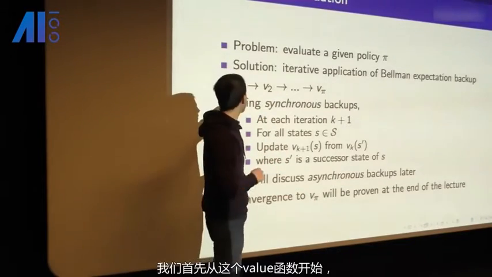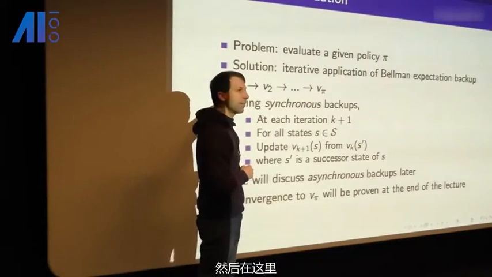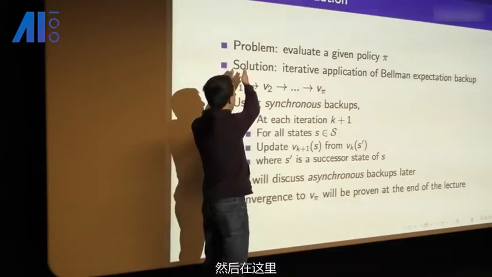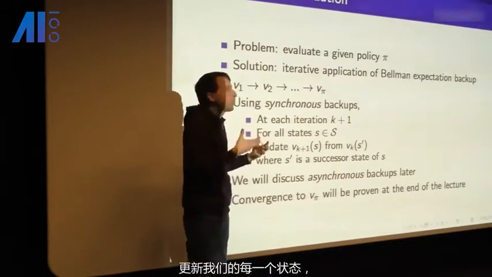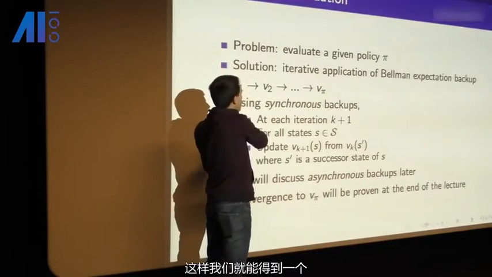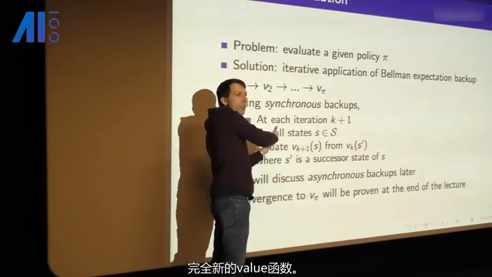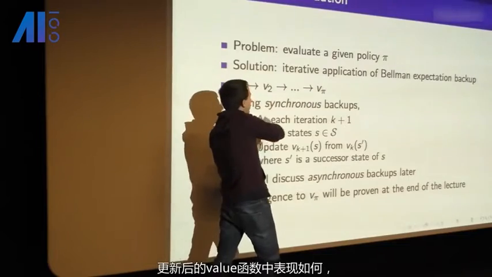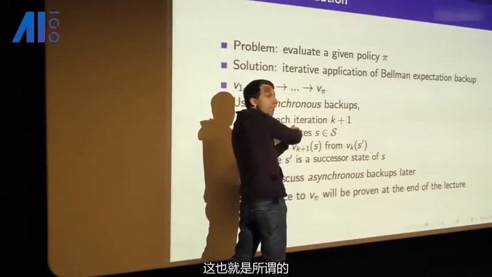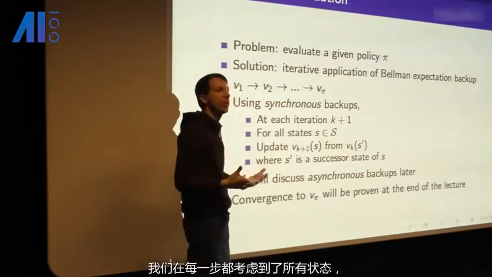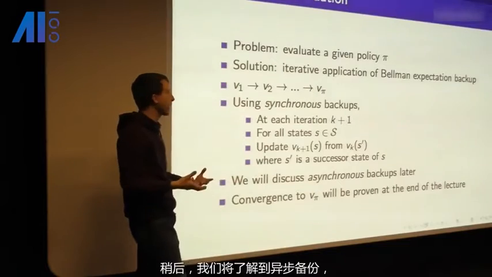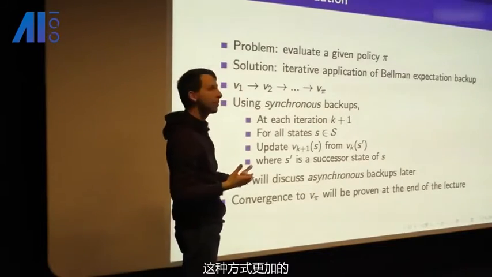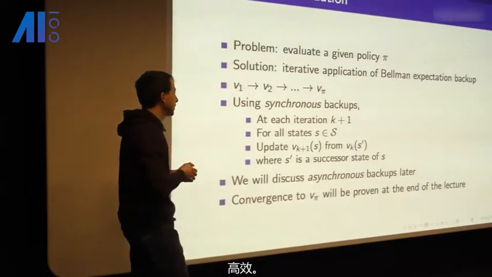We're going to start off with our previous value function, and we're going to apply our iterative update to every single state in this value function to produce a complete new value function for all states. Then we apply a complete new update to give us a new value function. That's called synchronous evaluation. We consider all states at every step. And we'll consider asynchronous backups later, which can be more effective. But this is the simplest case.